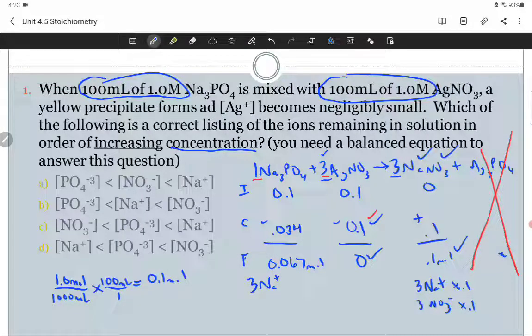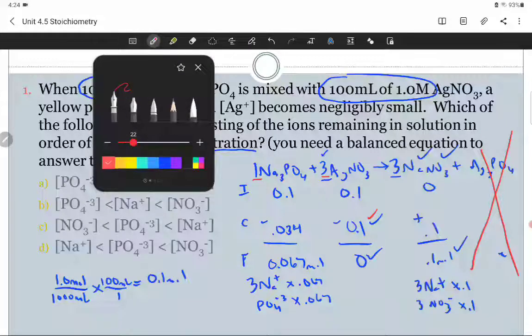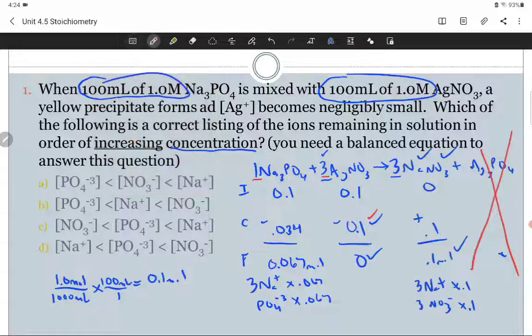So that Na3, I just moved the 3 up front, times 0.067. And then we have some phosphate times 0.067. So I think what we have the most of, we have sodium left over, lots of it, comparable to the rest of the materials, and we made sodium. So I think sodium's got to be the last.